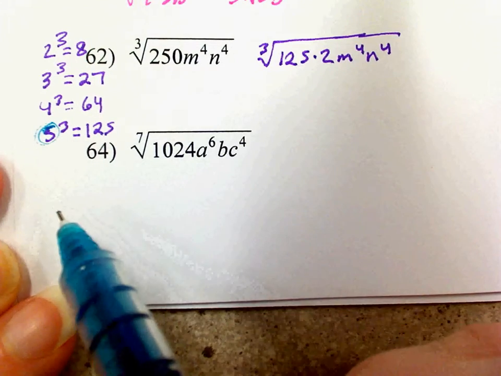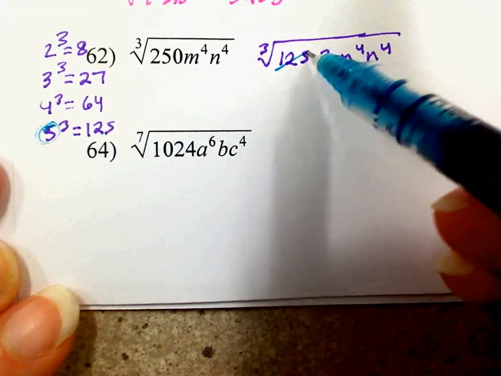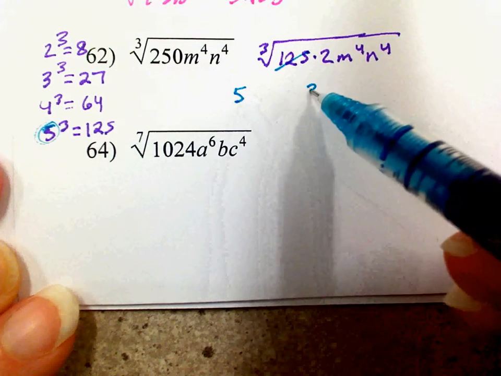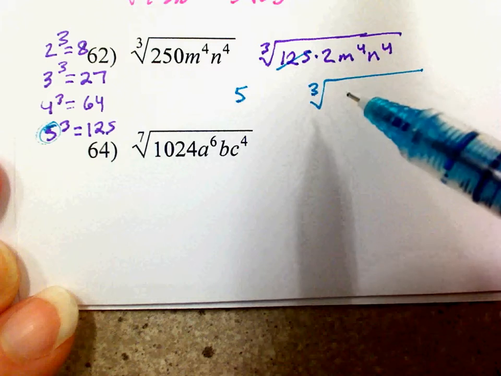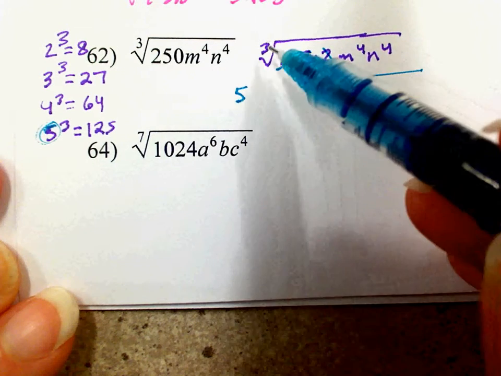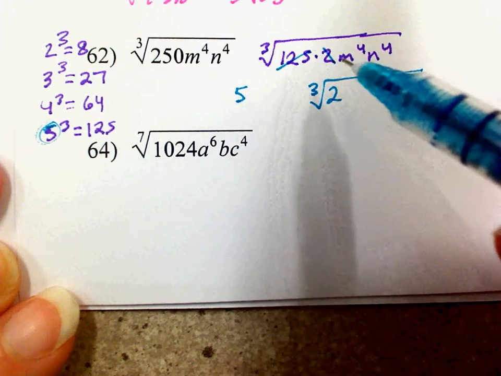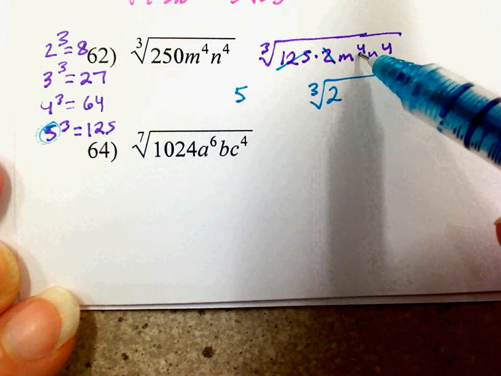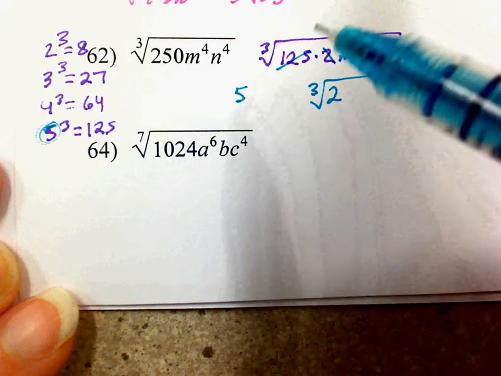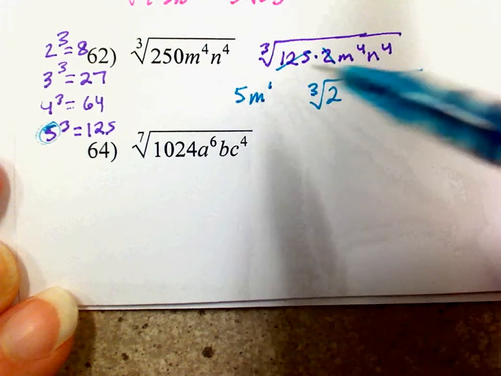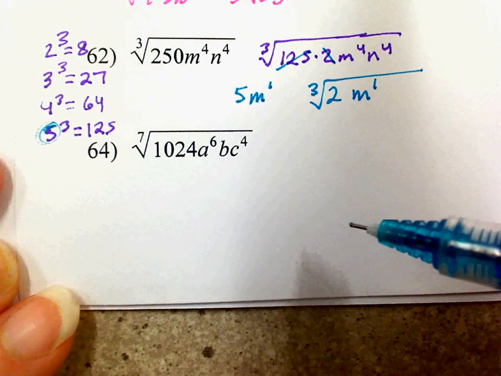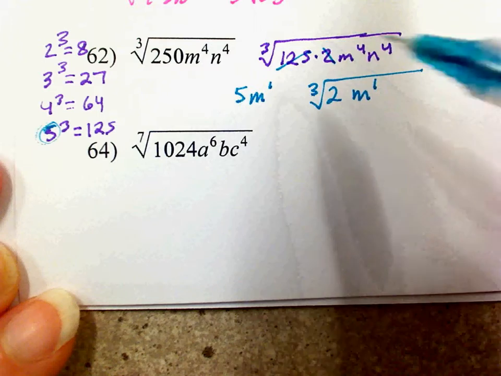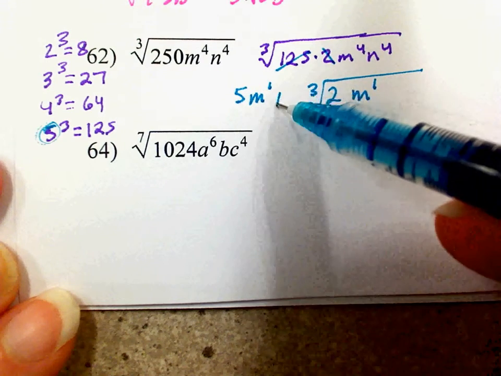What stays on the inside? The 2. And then I ask myself, how many times does 3 go into 4? 1 m with how many left over? 1. You don't have to put the powers of 1, but I am. And then I ask myself, how many times does 3 go into 4? Once with, and there you go.